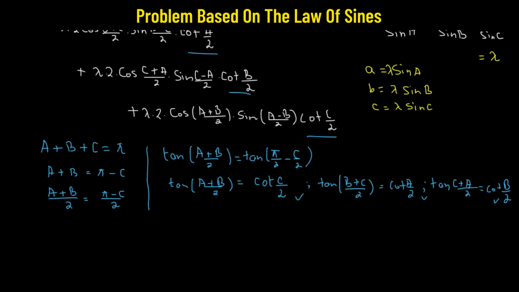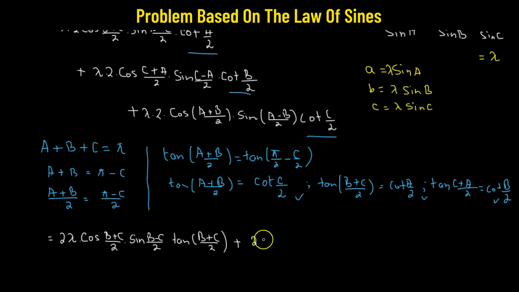So let's do that. Our first term is then going to become 2 times lambda multiplied by cosine of B plus C over 2 multiplied by sine of B minus C over 2. We have cotangent of A over 2 multiplied to it, which we'll replace with tangent of B plus C over 2.